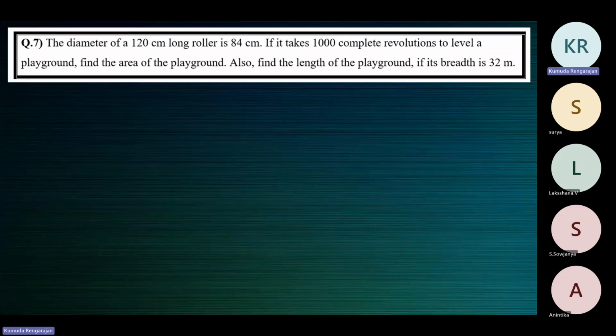What is the area leveled in one revolution? When anything cylindrical makes one complete revolution, what part of the cylinder rubs over the ground?